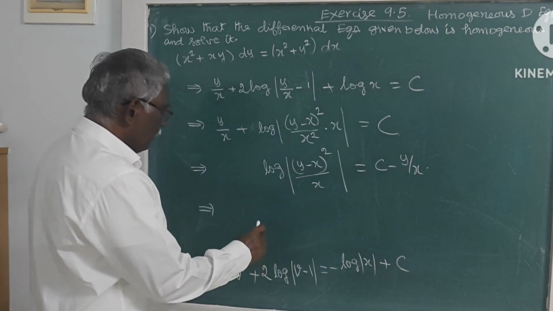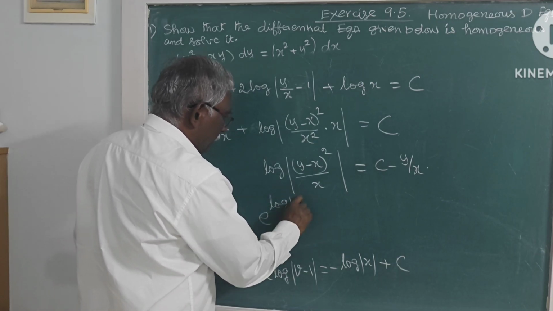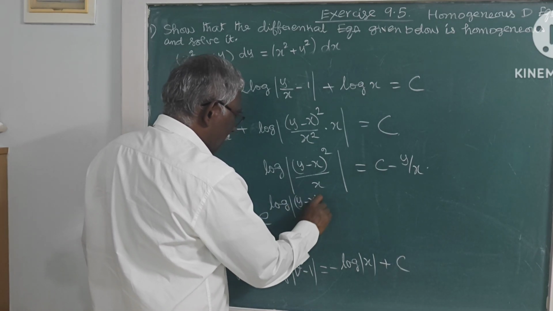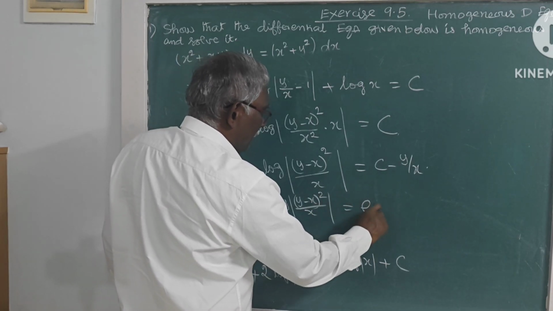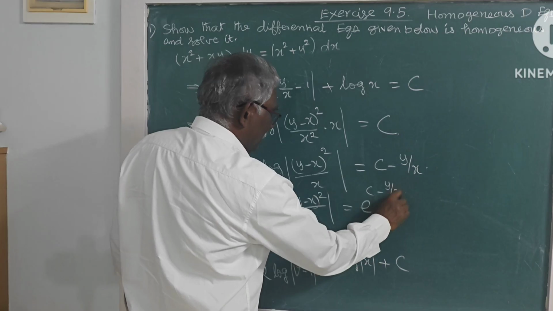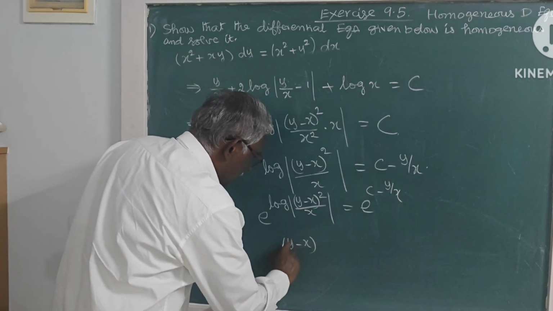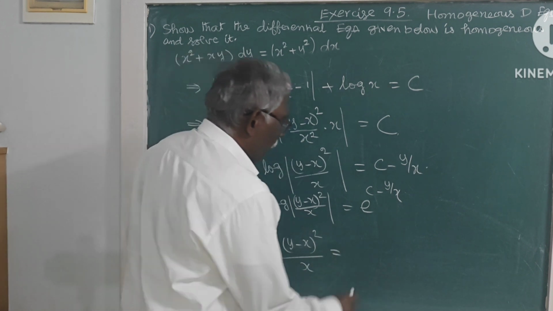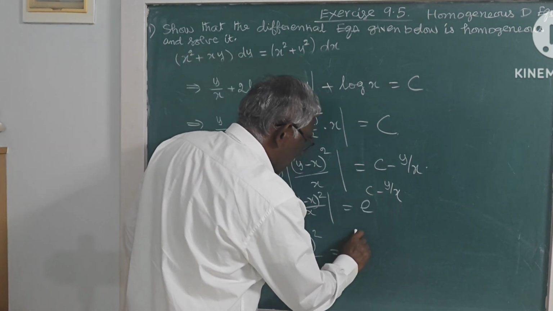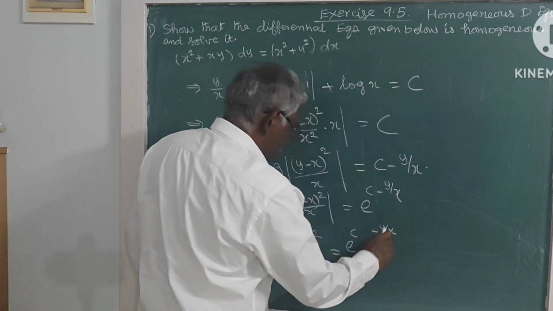So e raised to the power log of (y minus x) whole square by x is equal to e raised to c minus y by x. So (y minus x) whole square by x is equal to e power c into e power minus y by x.